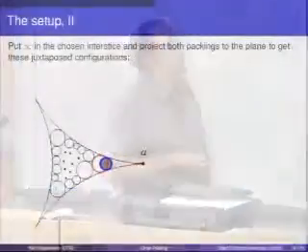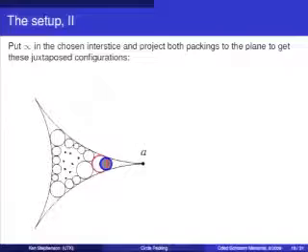Now I just put the infinity inside that interstice, and I project both these packings down to the plane, and I get juxtaposed configurations. Now I've drawn the circles for one of them, but the other circles are in there as well for the other packing. So everything's now inside this interstice with the two circles that differed, the red and blue there, as shown.